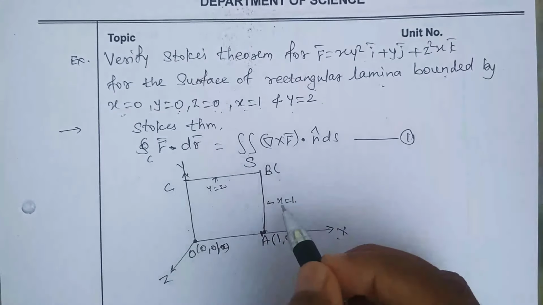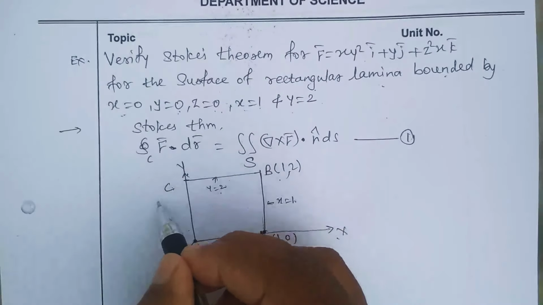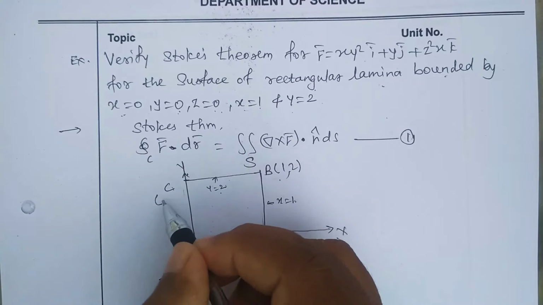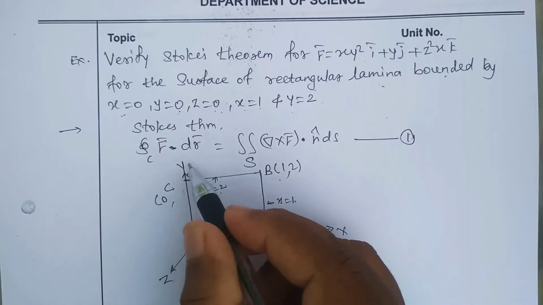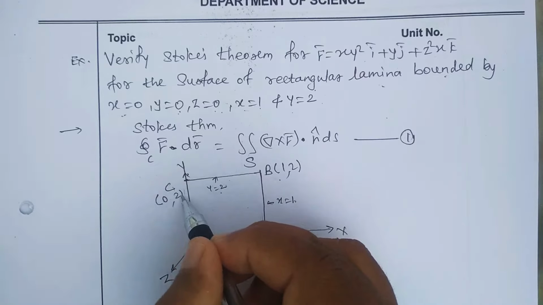For point B, x coordinate is 1 and y coordinate is 2. For point C, this line is the y axis, that means x equals 0 and y equals 2. This is point C.